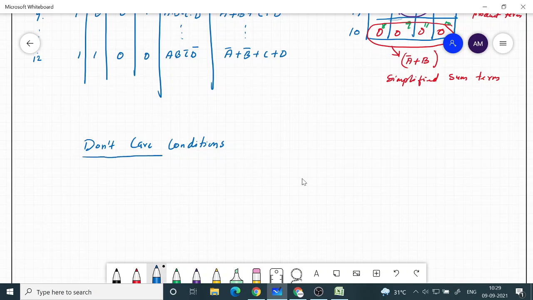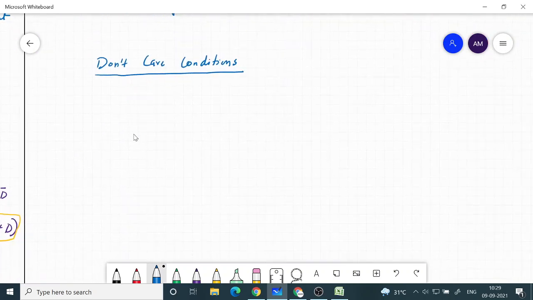In certain applications, when you try to design a digital circuit, let's say there is a case of 4 variable inputs: A, B, C, D. So these are the input boolean variables.